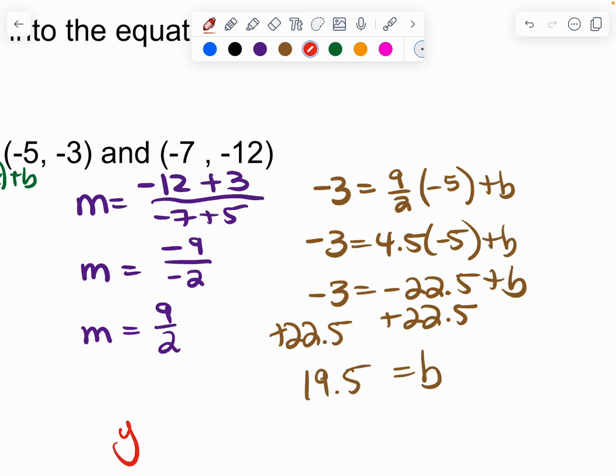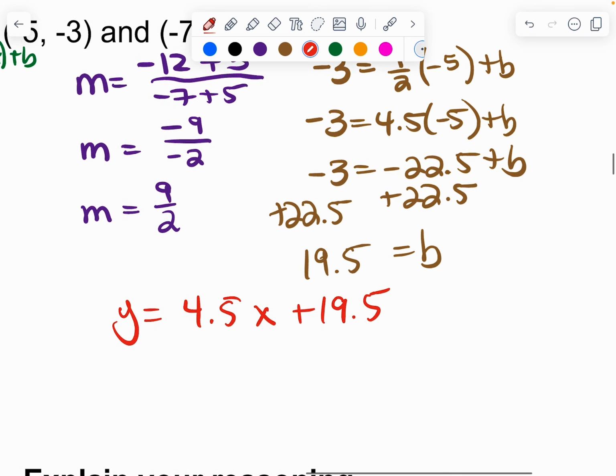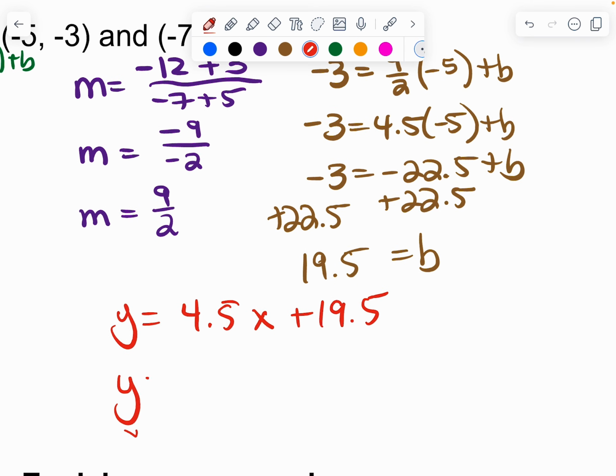So my equation is 4.5x plus 19.5. Could I write it as 9 over 2 x plus 39 over 2? Sure.